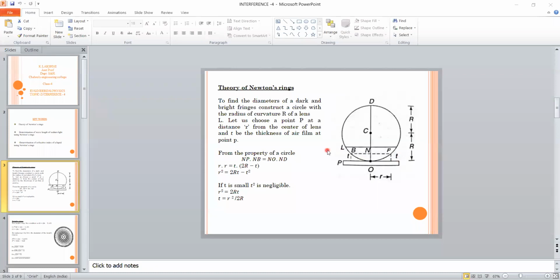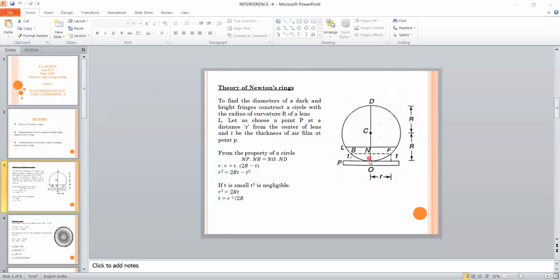Our aim is to calculate the diameter of the dark and bright rings. For this purpose, let us take the property of a circle. The property of a circle is NP into NB is equal to NO into ND.